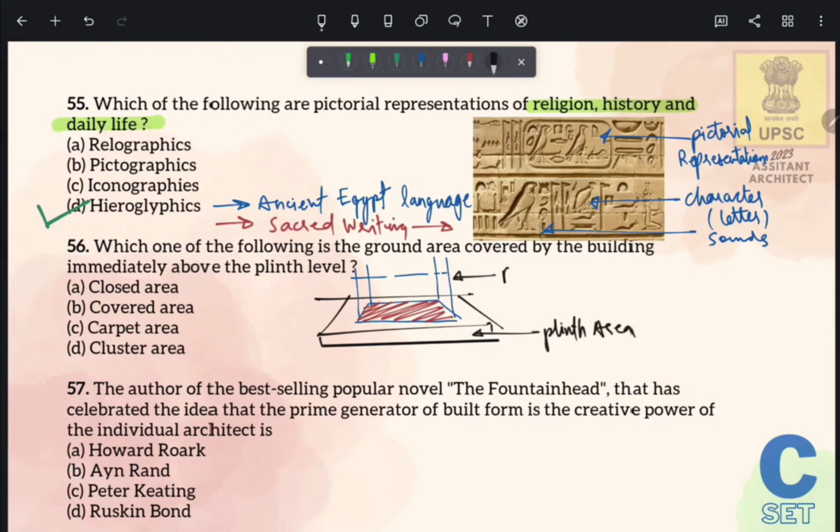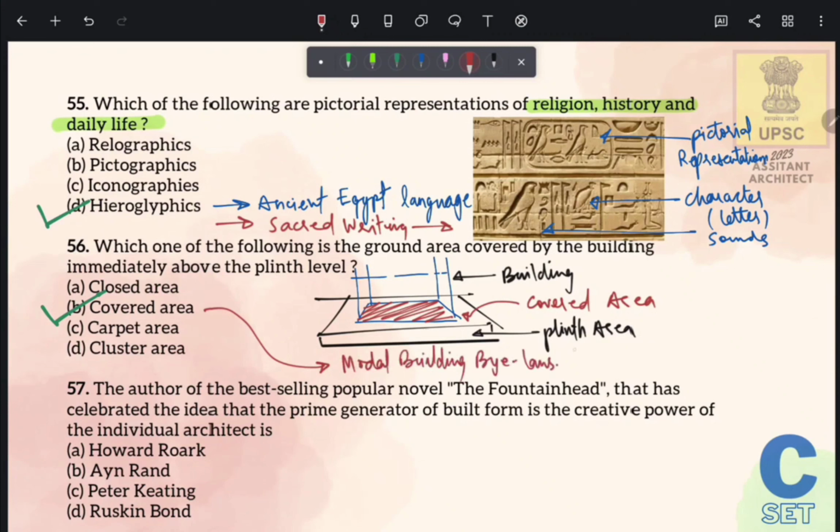This is our building, and area that is covered by a building is known as covered area. Therefore, option number B is the correct answer. And this definition of covered area is also given in model building bylaws. And this particular definition is given in 29th point of chapter 1. Let's move to the next question.